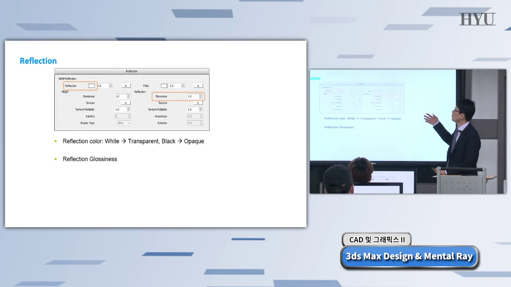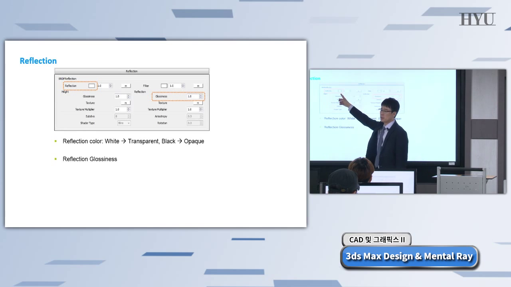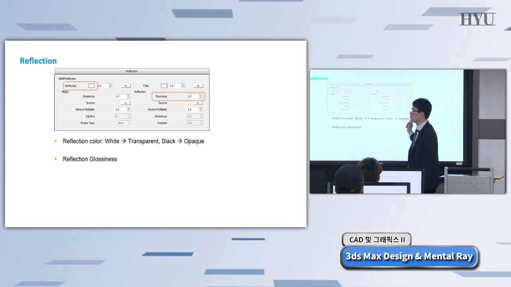Next one, under reflection control, reflection rate. In the V-Ray interface, it has a white color or black color interface. If you put white color, it's totally reflective. But if it's black, it's not reflective, no reflection.